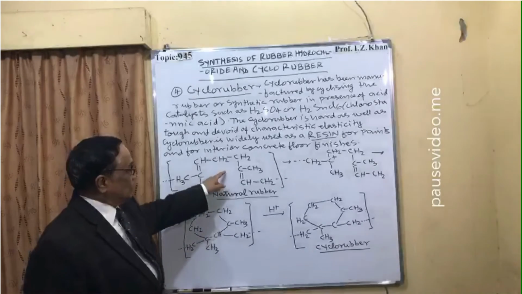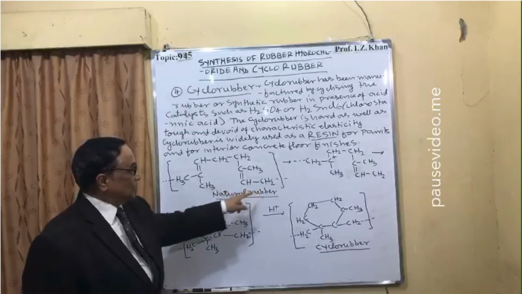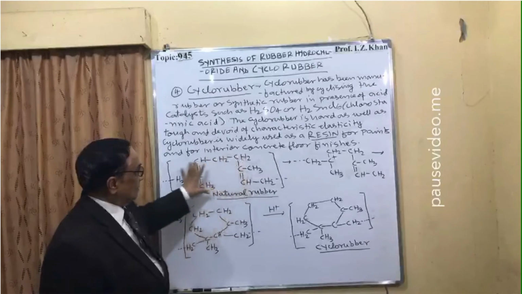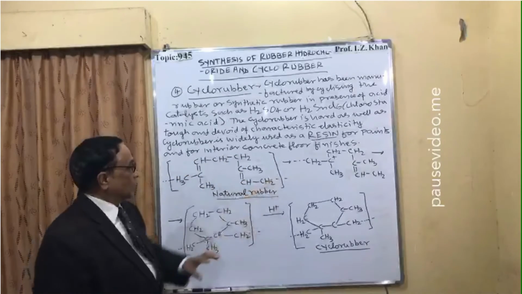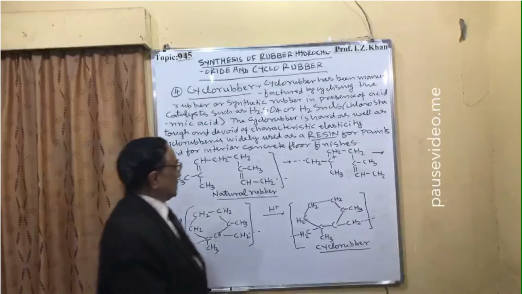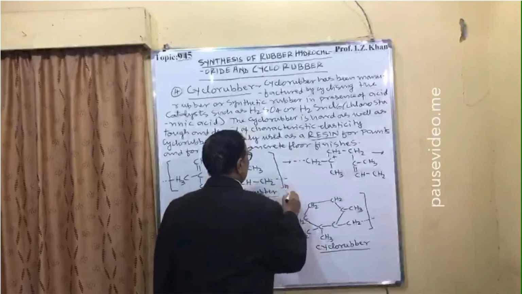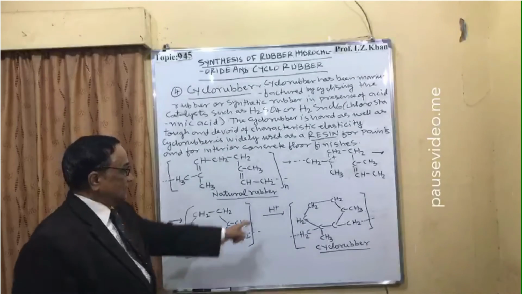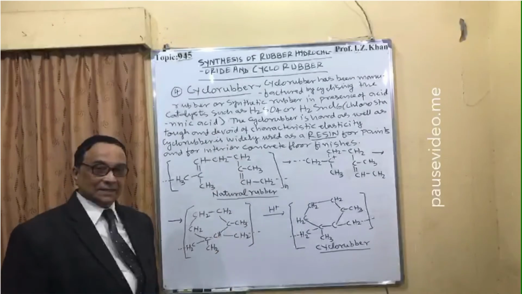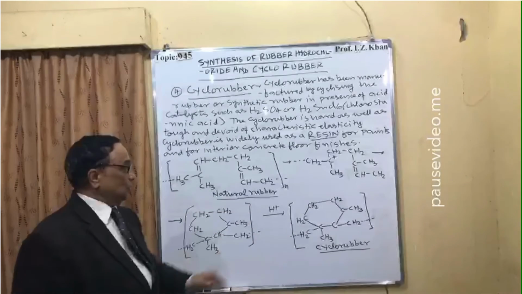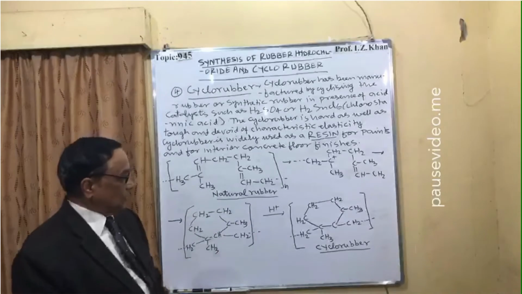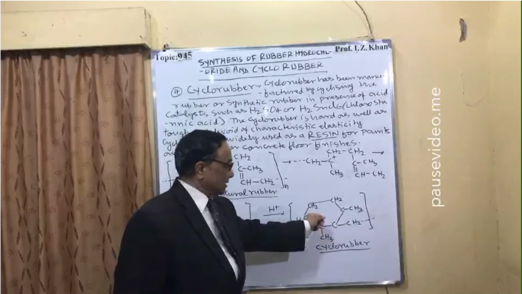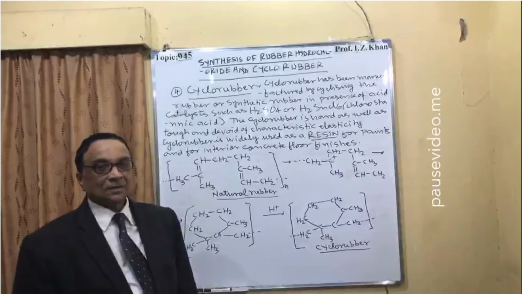Here is the chain of the isoprene unit, with one isoprene unit inside the bracket and n outside, meaning it is a polymer of many units. Natural rubber is cyclized in an acidic medium, shown by H positive, and it gives cyclorubber, and this is the single monomer unit of cyclorubber.